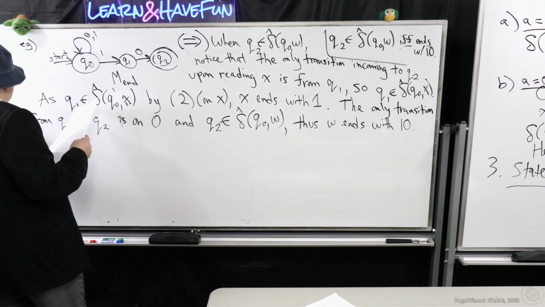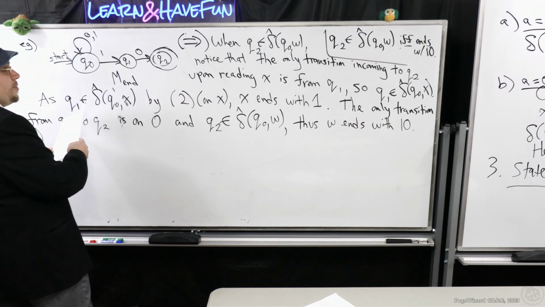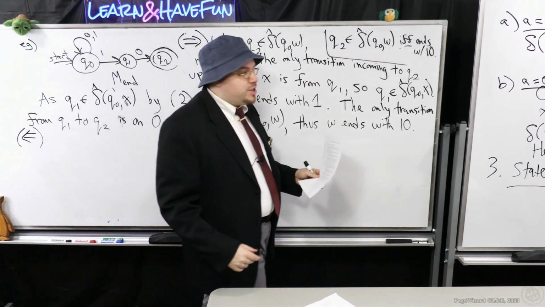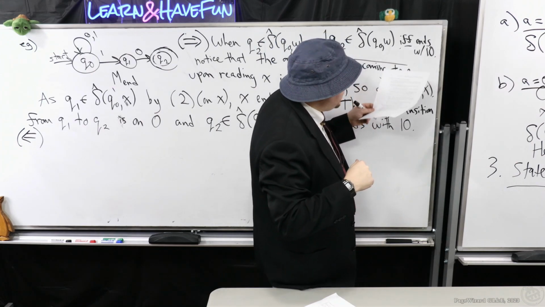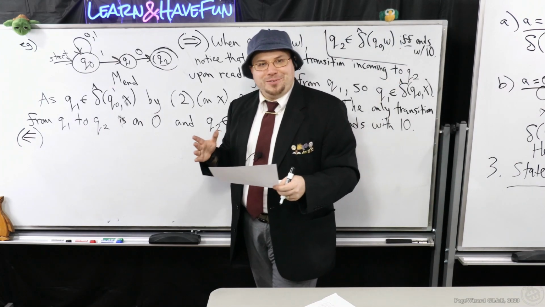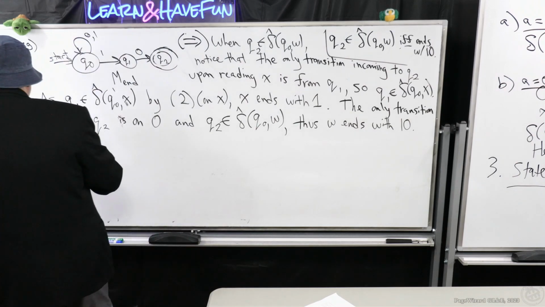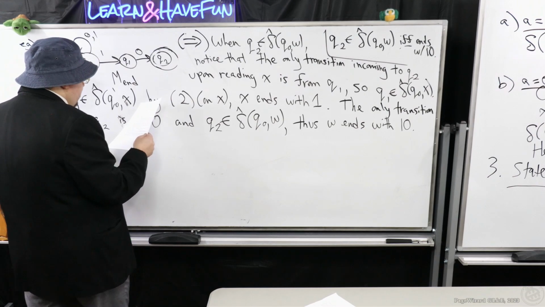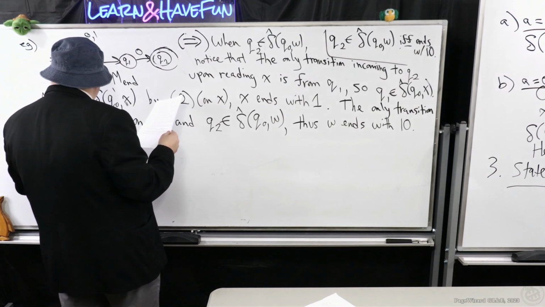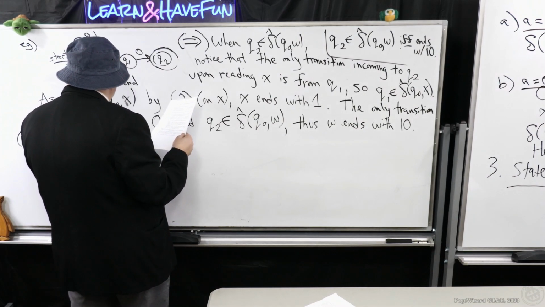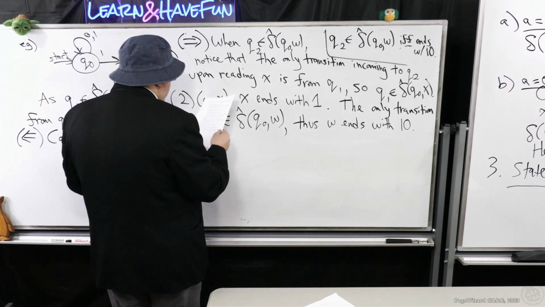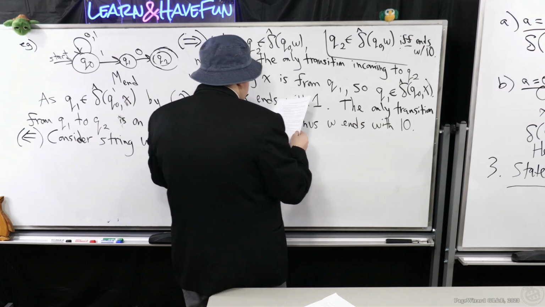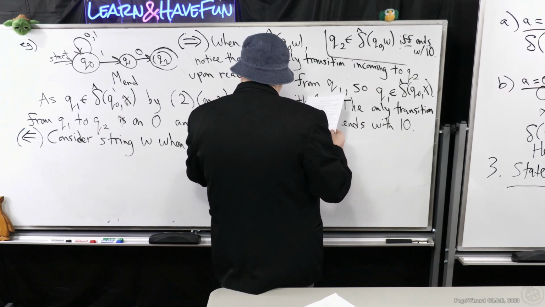Let's prove the other direction. So now I'm going to imagine I have a string that ends with 1, 0. I'm going to show you that Q2 belongs to the set of states upon reading string W. So consider string W when it ends with 1, 0.